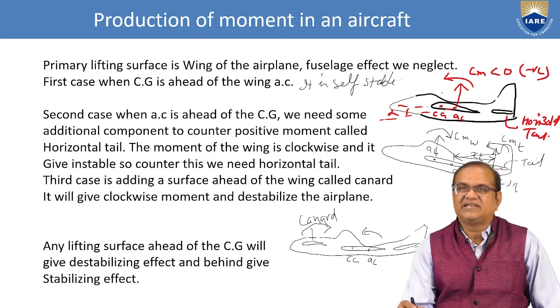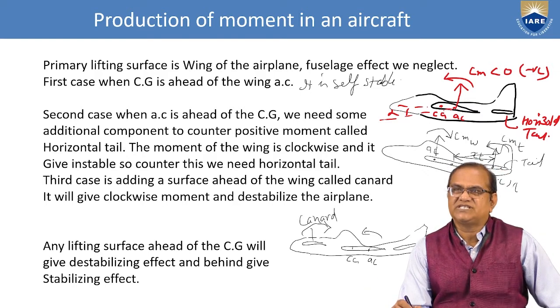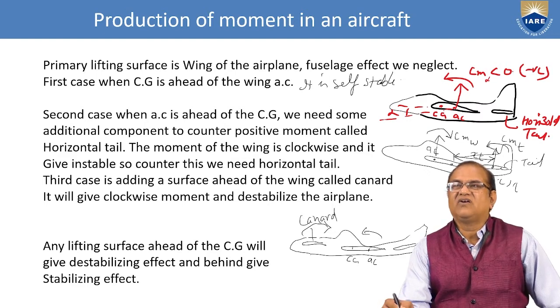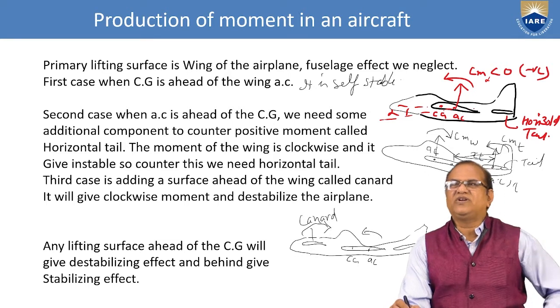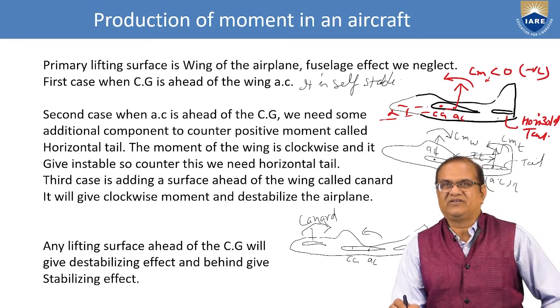As I told just now, if the AC is behind the CG, or the CG is ahead of the AC, this Cm alpha will be negative, and it is a stable case. So we don't need any tail here.